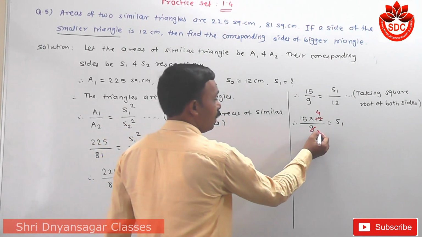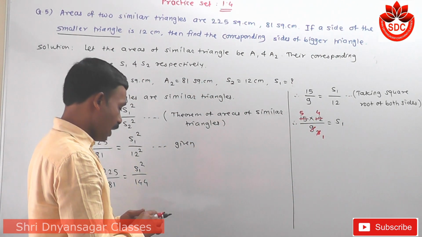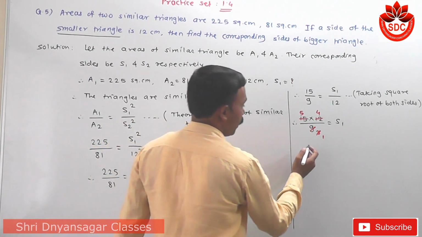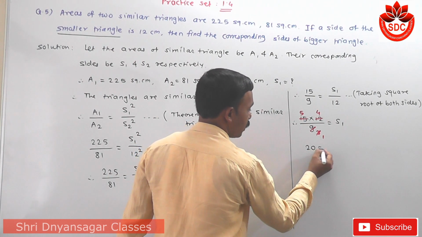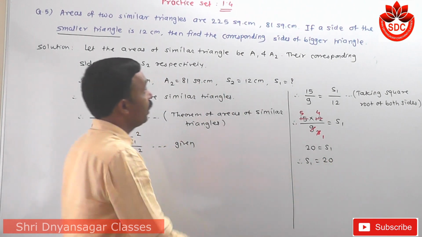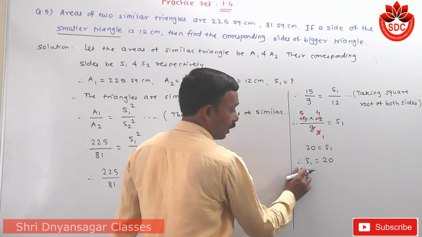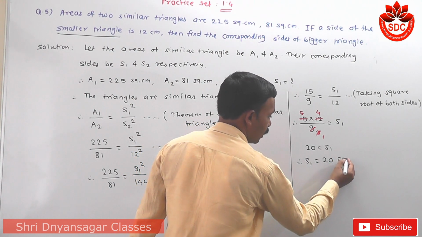Again 3 1s are 3, 3 5s are 15. That means S1 becomes 5 4s are 20, so S1 is equal to 20. The unit is centimeter, so the side of the bigger triangle S1 is 20 centimeter.